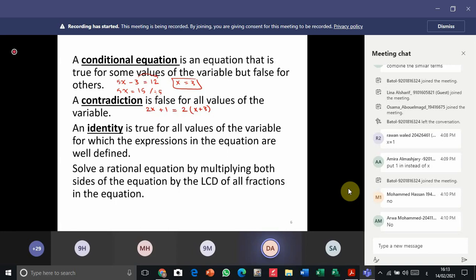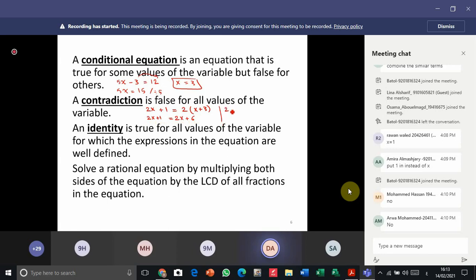Why? When solving this equation, we have 2x plus 1 and this is equal to 2x plus 6. Is 2x plus 1 equal to 2x plus 6? This is impossible. Why?